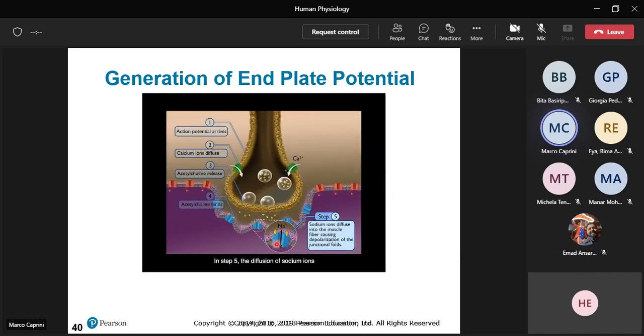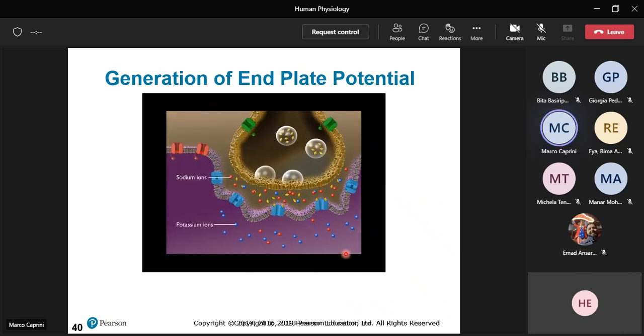In step 5, the diffusion of sodium ions into the muscle fiber depolarizes the junctional folds. This depolarization is called an end plate potential and represents a small voltage change that only occurs at the junctional folds. Let's look at how this works.